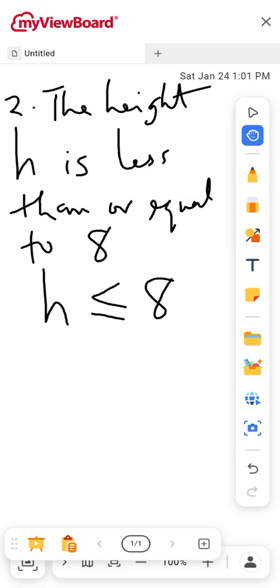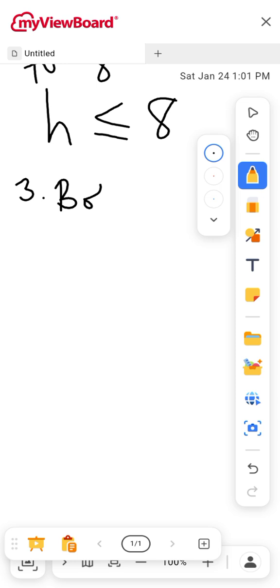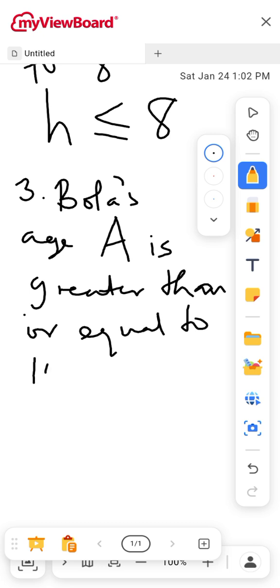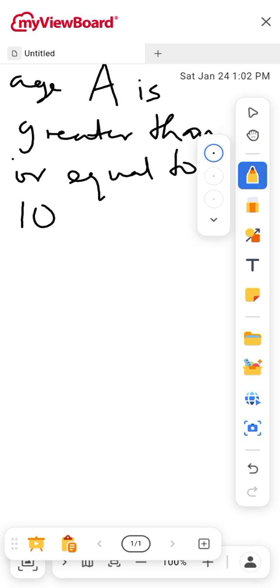Let's look at number 3. If I say Bola's age A is greater than or equal to 10, that means that Bola's age, represented as letter A, is either 10 or greater than 10.